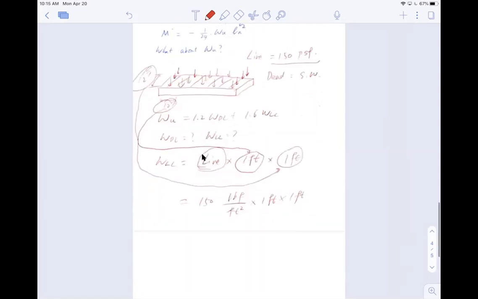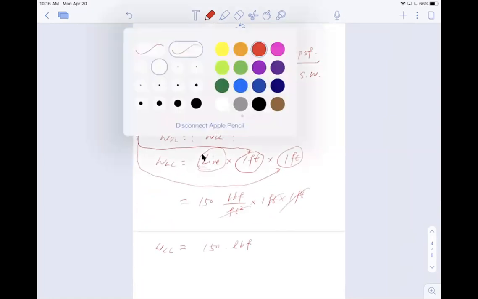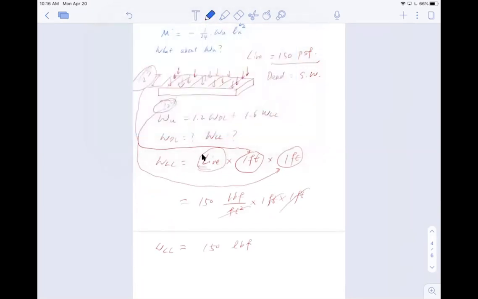Eventually what I get is omega LL of 150 pounds, because the feet squared cancels with feet squared. So what does it mean? It's pretty straightforward. It means this 1 foot by 1 foot area has a 150 pound distributed load on it.